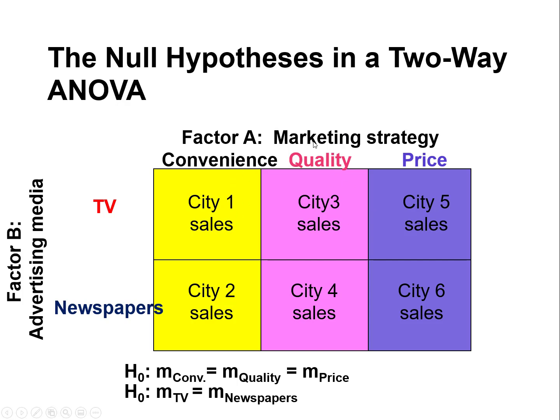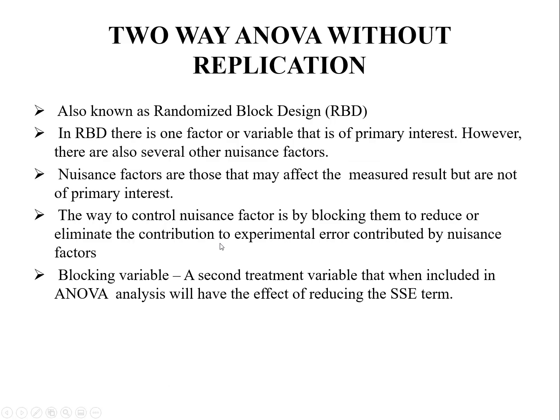But when we construct an analysis where we want to check the impact of this and of this at the same time, this will be with interaction or with replication. This is also known as randomized block design, RBD. Why it is called randomized block design, I will discuss very soon.